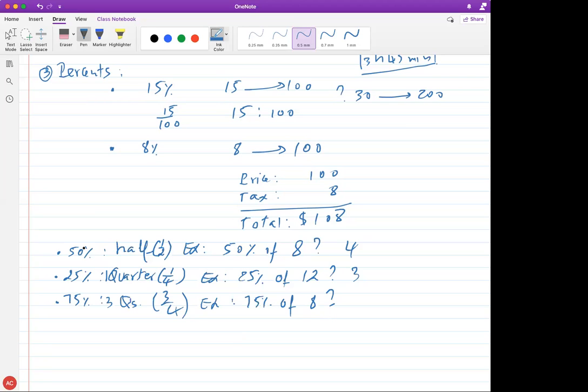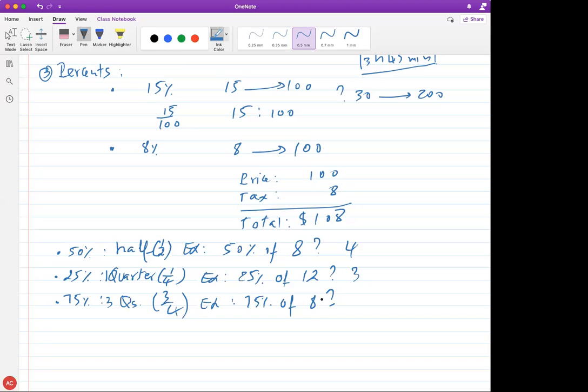Anybody? So these are the easiest ones. These are supposed to be the easiest percents, the common ones: half, quarter, 3/4, and so on. Before we get to the difficult ones, that's when we use equations and, like we saw before, cross multiplying.